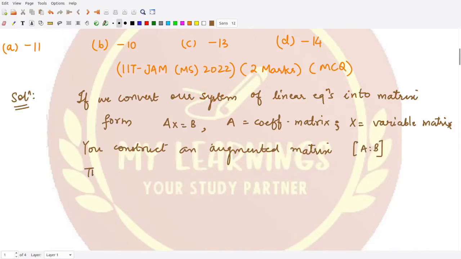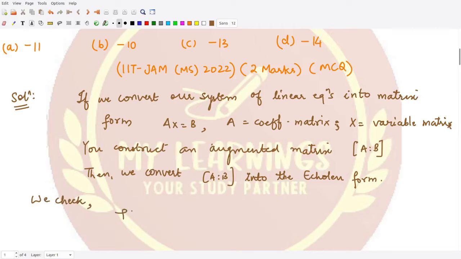We convert this augmented matrix, A augmented B, into the corresponding echelon form. After converting it into echelon form, we check the following results.